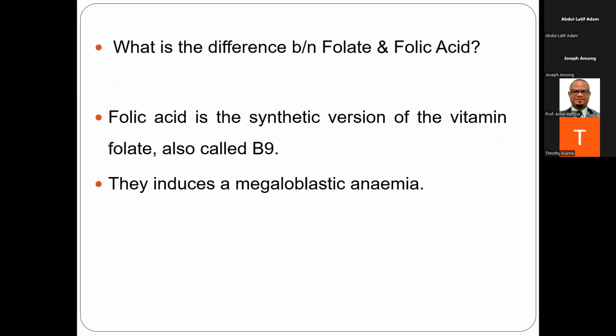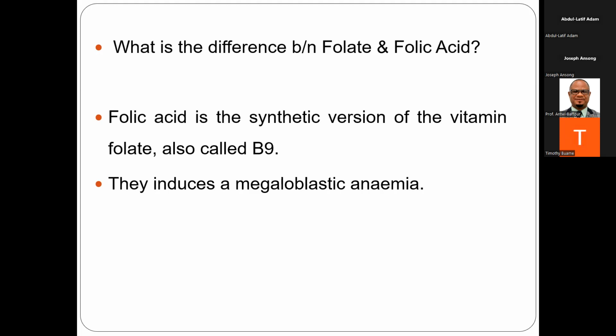Okay, folic acid is the synthetic form of folate. So the one we buy in the pharmacy shop is folic acid, and folate is the one in the natural form.